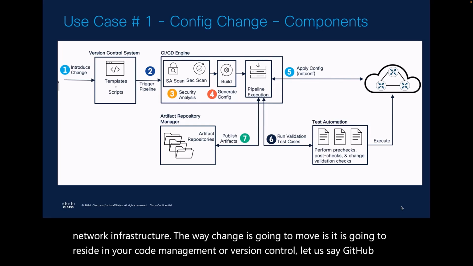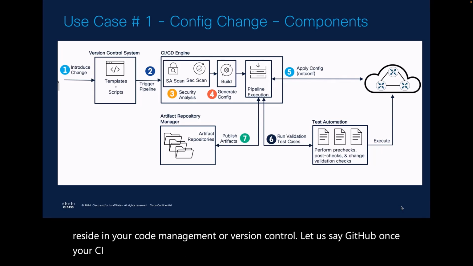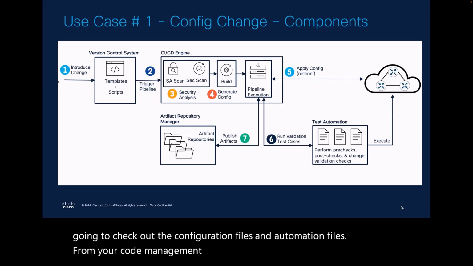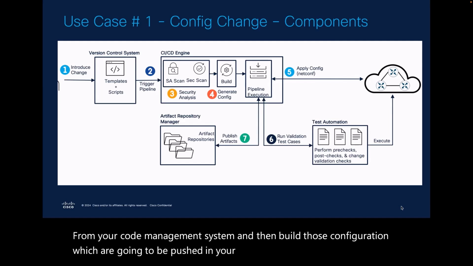Once your CI engine such as Jenkins starts executing that change, it's gonna check out the configuration files and automation files from your code management system and then build those configurations which are going to be pushed to your infrastructure and apply them.